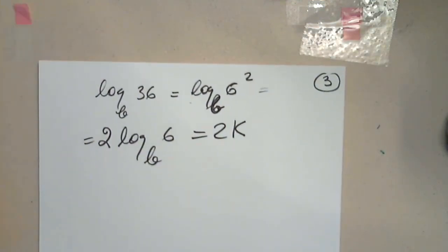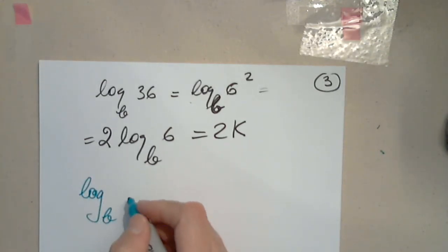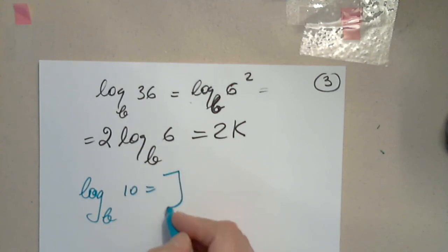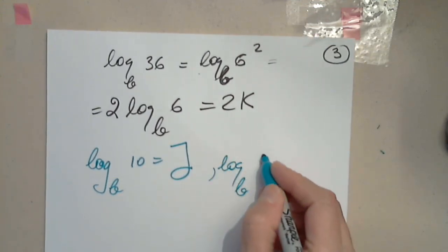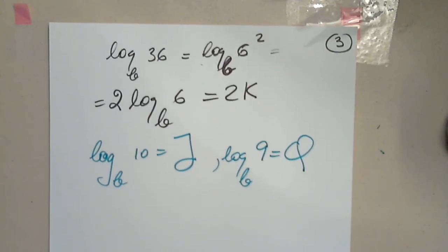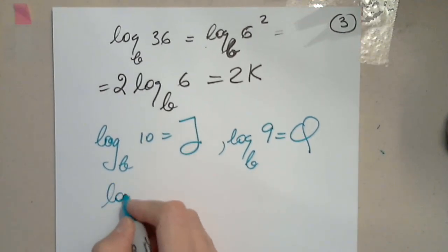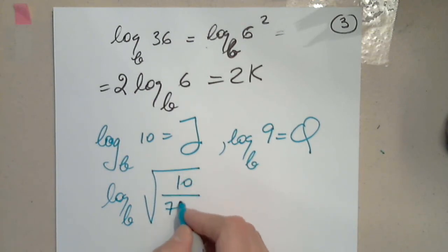Okay, so for the next one, we are given log base b of 10 is uppercase J, and log base b of 9 is uppercase Q. Write the expression in terms of J and Q, so we want log base b of the square root of 10 over 729.